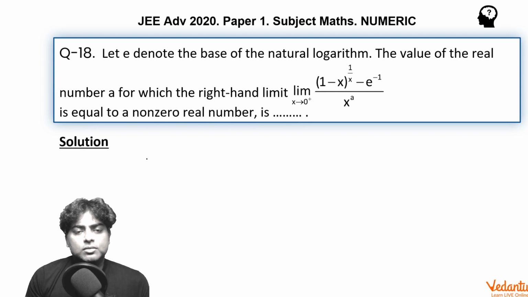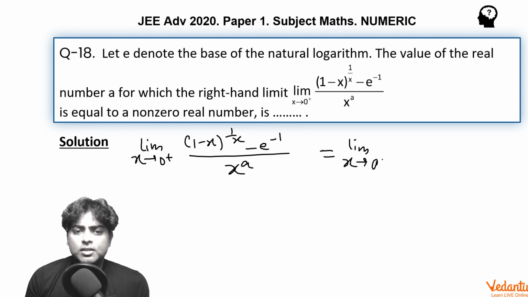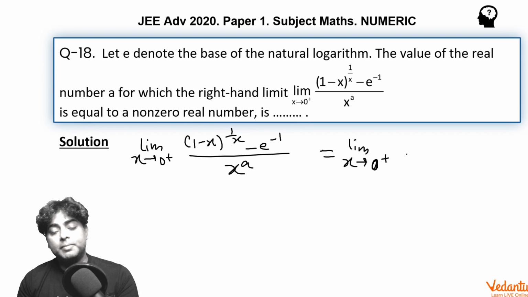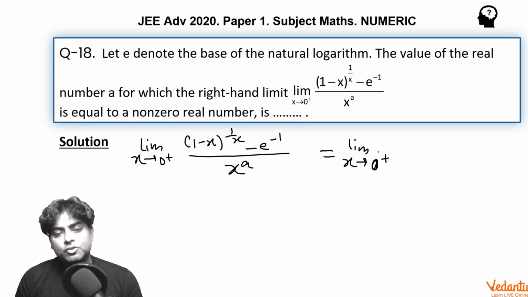Okay. Taking the question, the limit, I am presenting the solution. Just see. Whenever I see something whose power is variable but base is not e, we should convert the base into e.